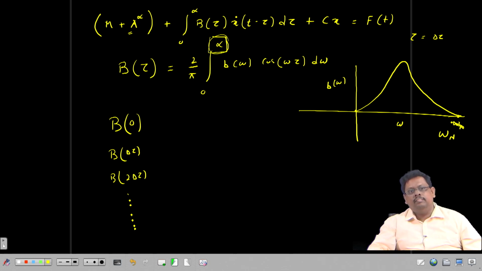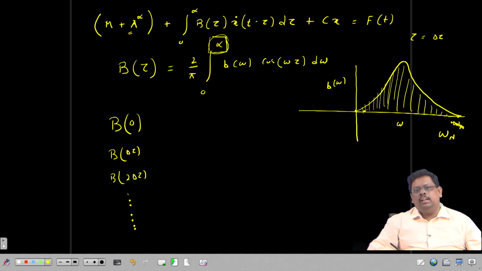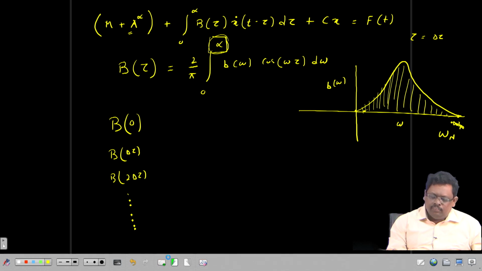Looking at this expression, since I know this b omega graph, if I divide it into a number of sections and simply use the trapezoidal rule, that will do for me, and in fact this is very true if you calculate for b 0.